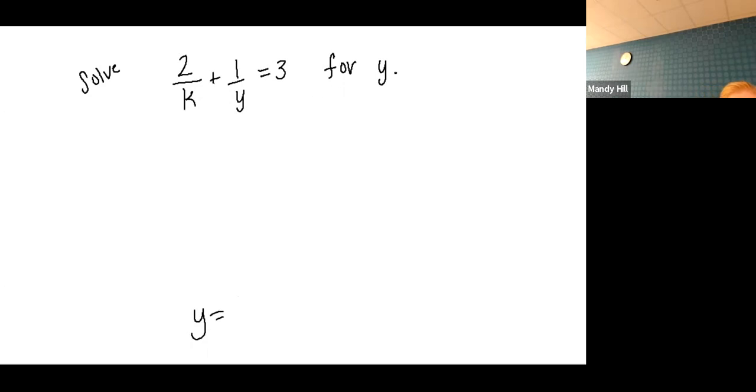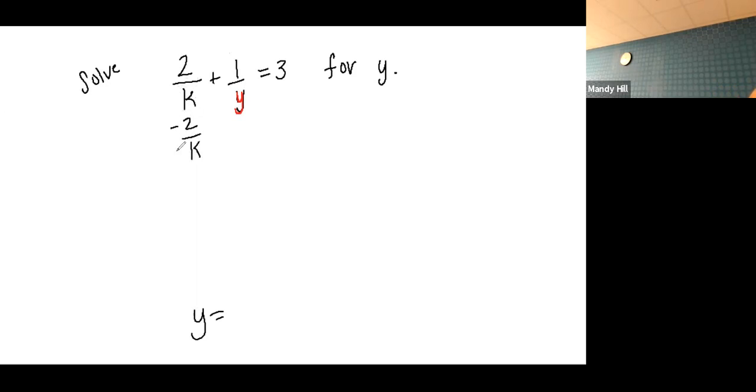So we're trying to get this by itself. I'm kind of focused on that. So I want to go to the side with the y on it, and I need to get rid of this. This term is just an extra thing that's been added on. So to get it to move, I'm going to need to subtract it off. It says it's a positive 2 over k.